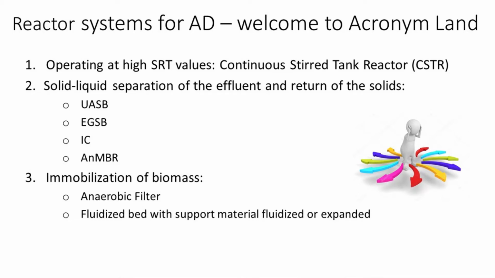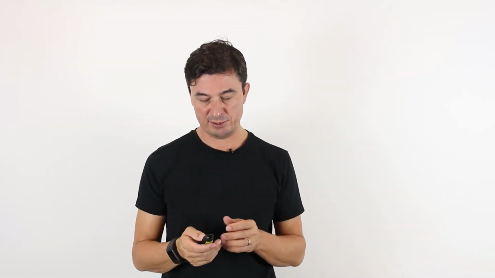There's the so-called UASB, there's the EGSB, the IC, and the ANMBR, and I'll explain those acronyms later. As a third option, you can also immobilize the biomass, so put the biomass on a carrier, and then you have, for example, an anaerobic filter or a fluidized bed system. We will not discuss the third option in this course.